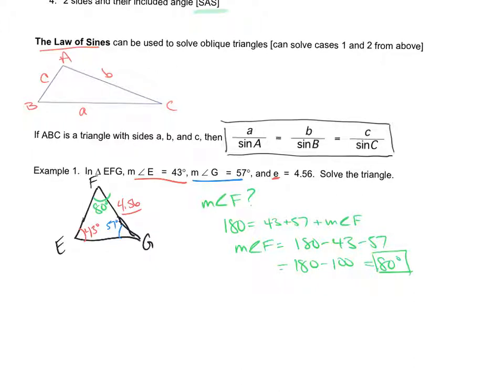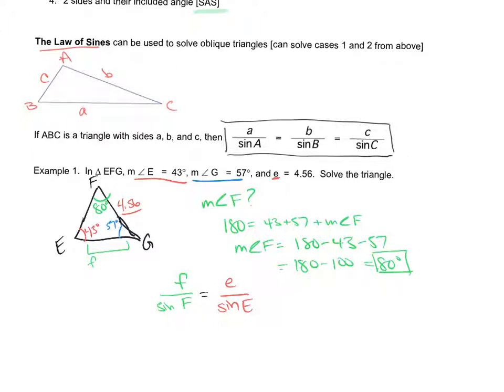While we're looking at angle F, we can find side f. So we know that the length of this side over here, that's f, is going to be in a ratio with the sine of angle F, and that is going to be equal to the length of e divided by the sine of angle E, and we know 3 out of our 4 variables in this proportion.